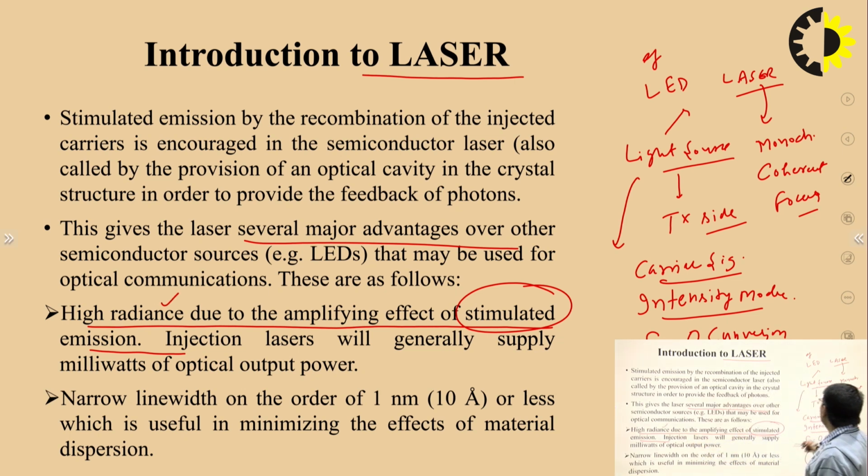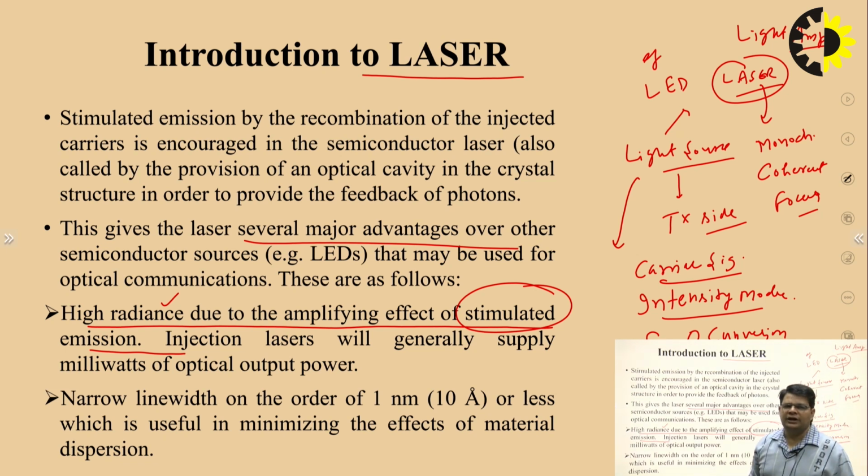Moreover, in the laser, what we have is light amplification. Laser stands for light amplification by stimulated emission of radiation. So amplification of light is also achieved with the help of cavity based structure in the laser.